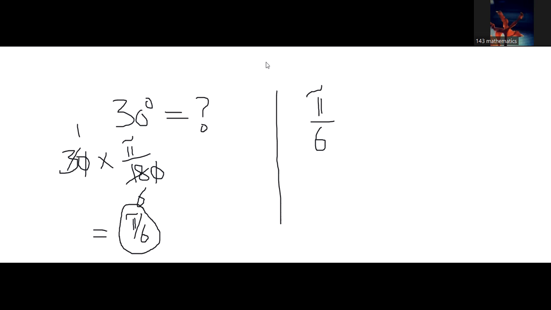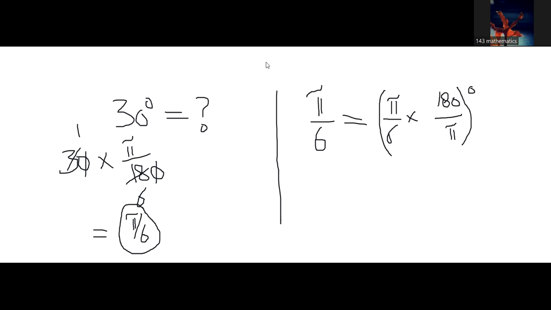Similarly, if I want to convert pi over 6 into degree, what is the procedure? Pi over 6 will be multiplied by 180 by pi, and this will be converted into degree.